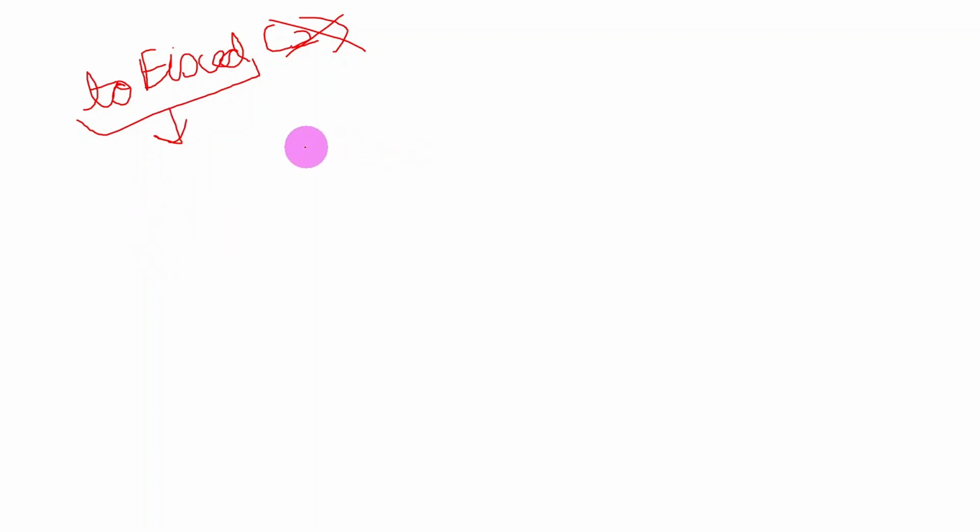So far we will forget about 2 here, only this function toFixed. Basically it is used like this. Let me take an example, 9.22567. This is a decimal number.